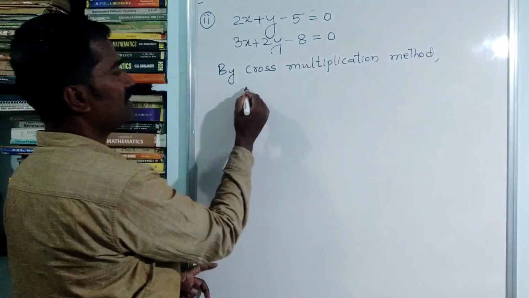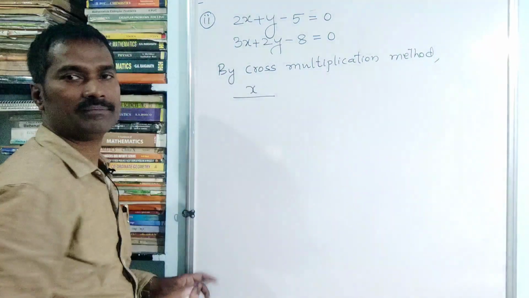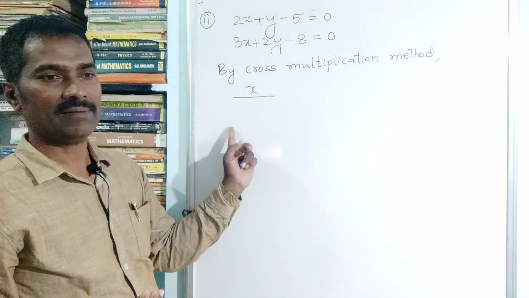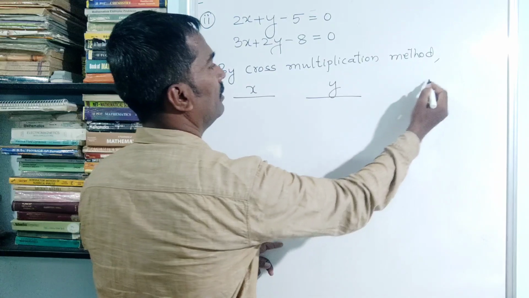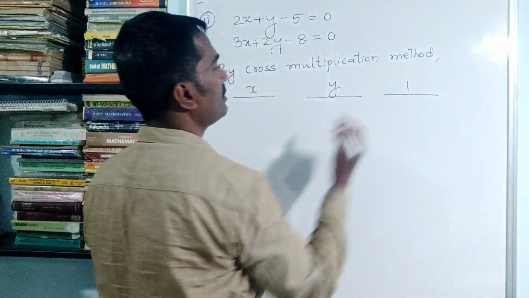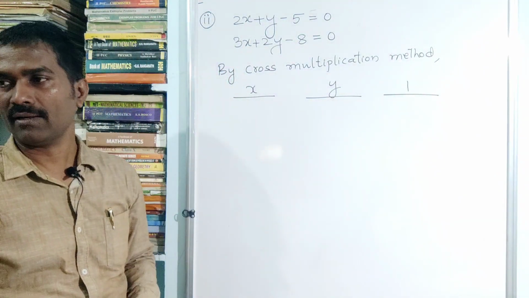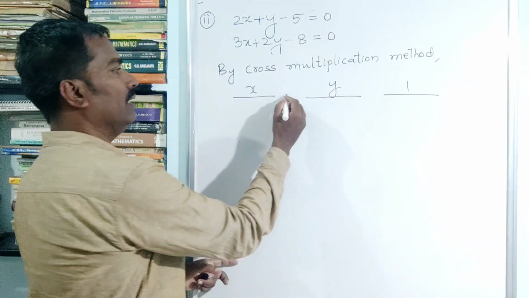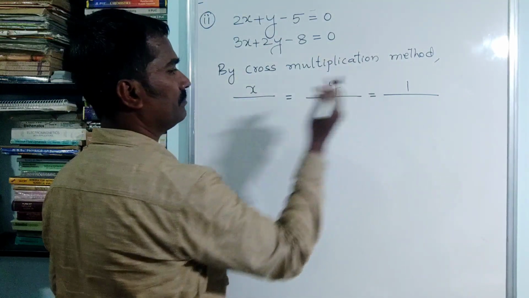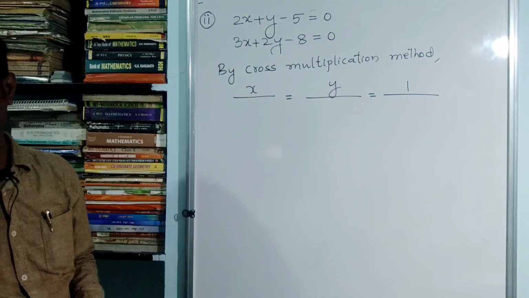First we will write x divided by, next y divided by, then the constant 1 divided by. We will write all the three values: x divided by, y divided by, 1 divided by, with an equal sign in between.